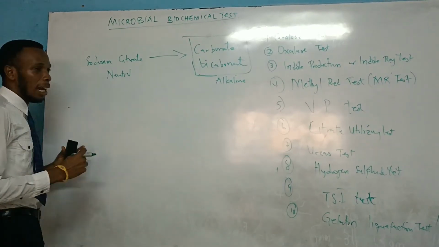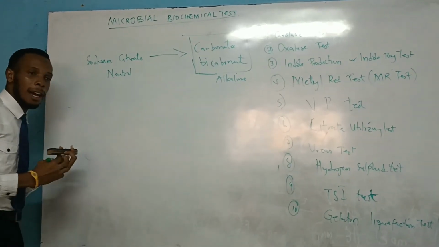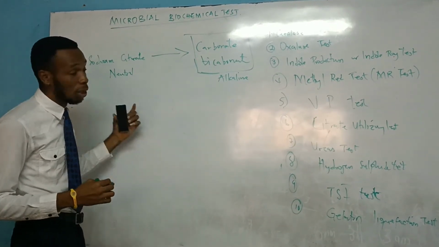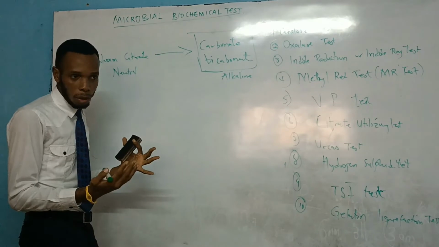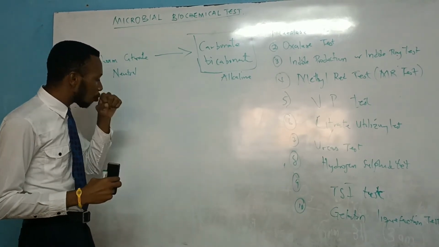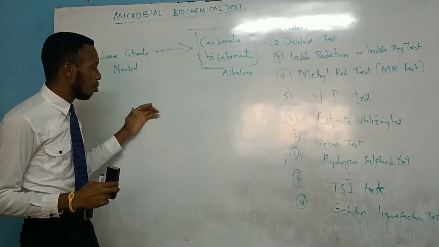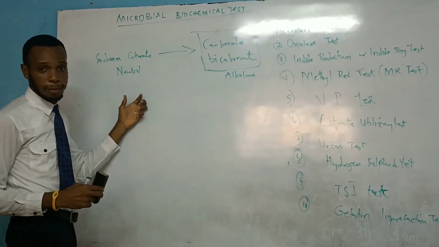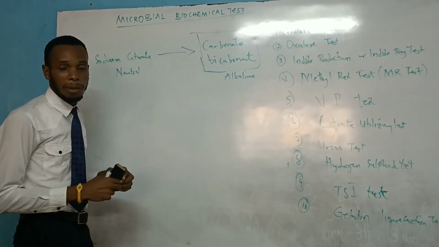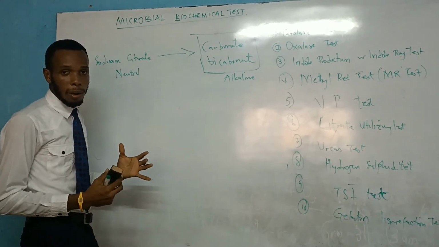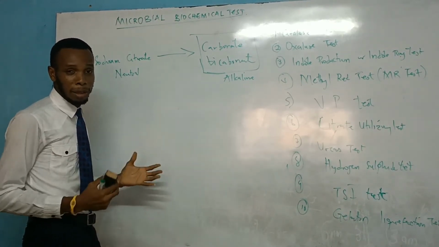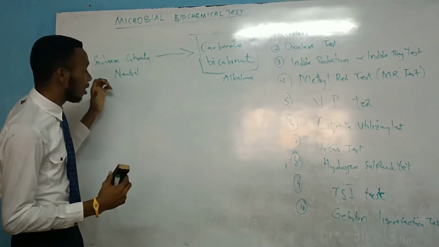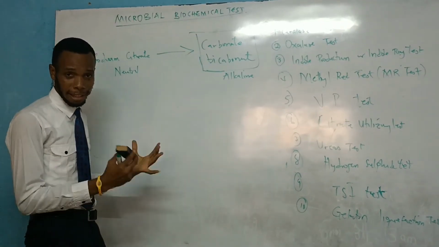Basically. Now, in the lab, to run such tests, what we usually do is this. We have a Simmons citrate agar slanted in a test tube. Simmons citrate agar contains sodium citrate and bromothymol blue indicator. Bromothymol blue at its neutral pH looks like a forest green.